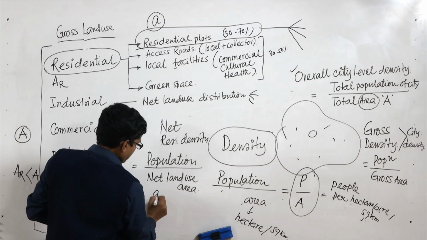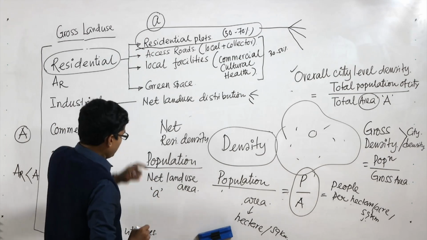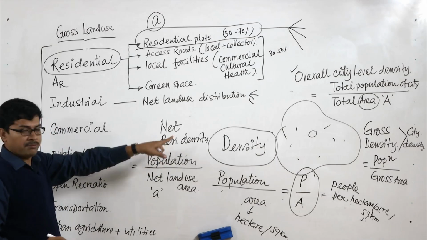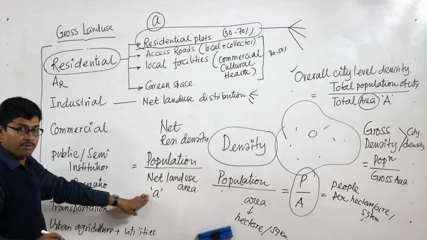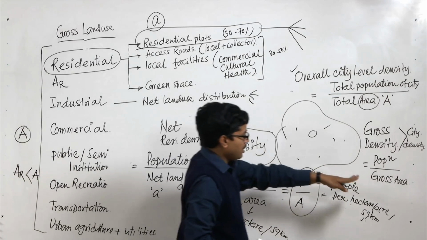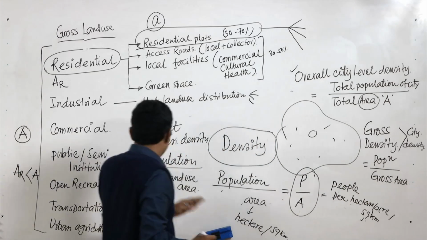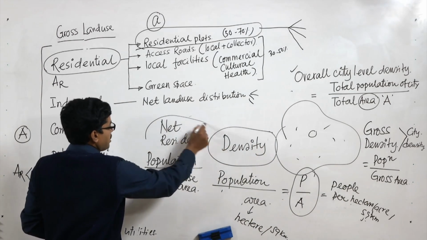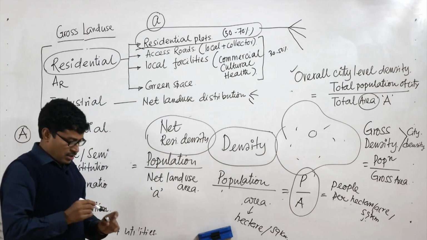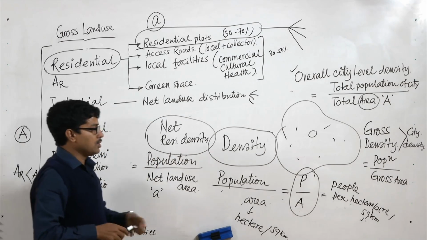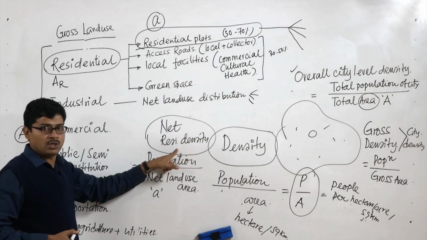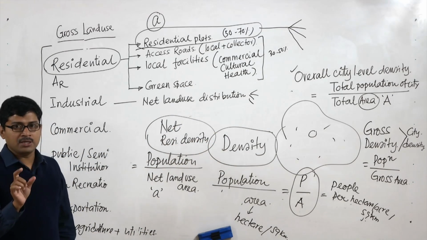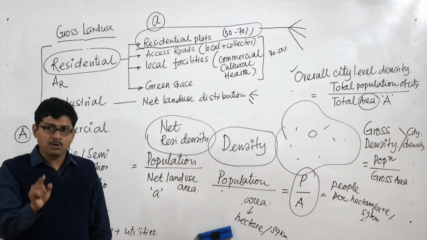The population is the same for all calculations, and the net land use area is even less than the gross area. Therefore, the net residential density will always be bigger than the gross residential density. So, net residential density is required to indicate the density to be achieved at a particular plot.